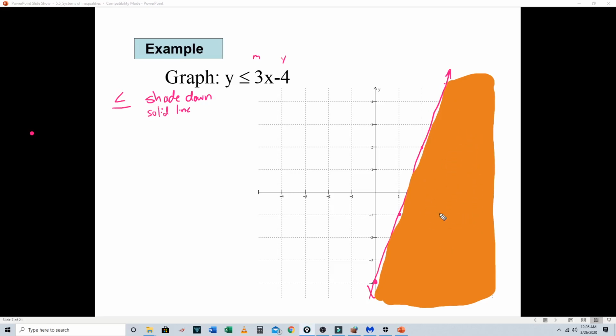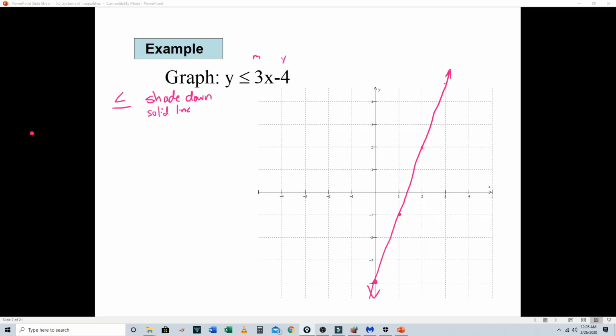All right, there we go. Solid line, shade down. Again, you don't have to be this picky. You can just do this. Shade down. I'm okay with that too.